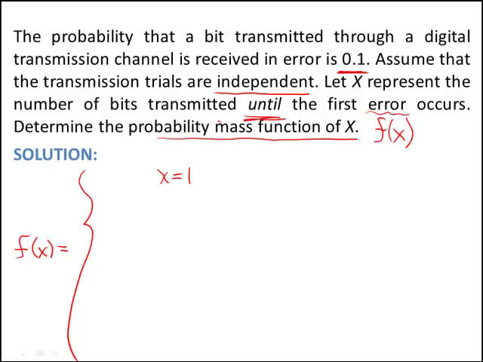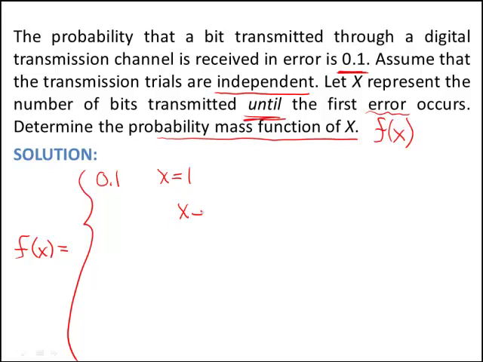This is the number of bits transmitted until an error occurs. It could happen on the first one, the second one, the third one. The support goes to infinity because it could be an infinite number of times, not realistically, until we actually see a transmission error. The probability that X is 1, the first bit is transmitted in error, is 0.1.